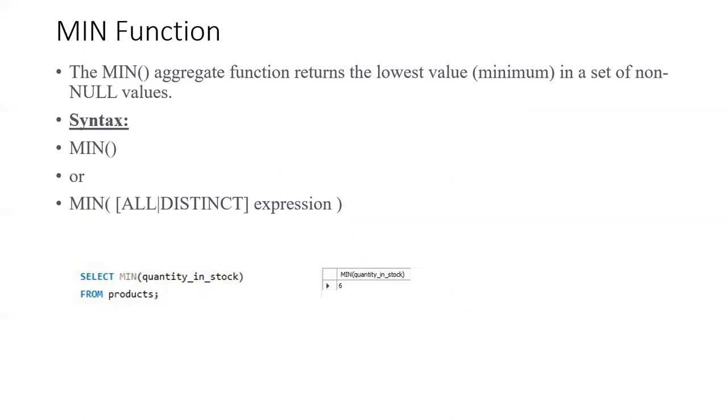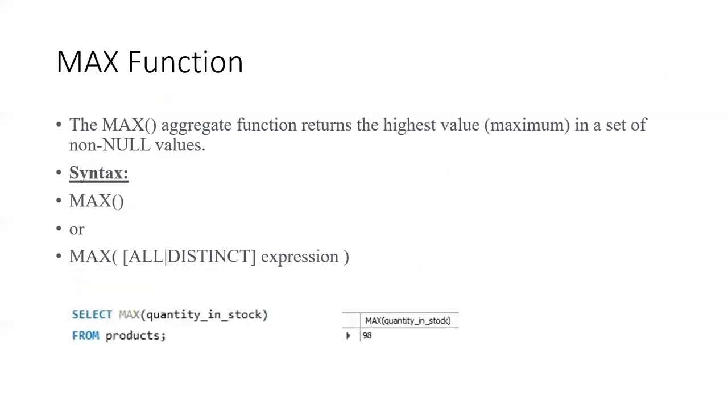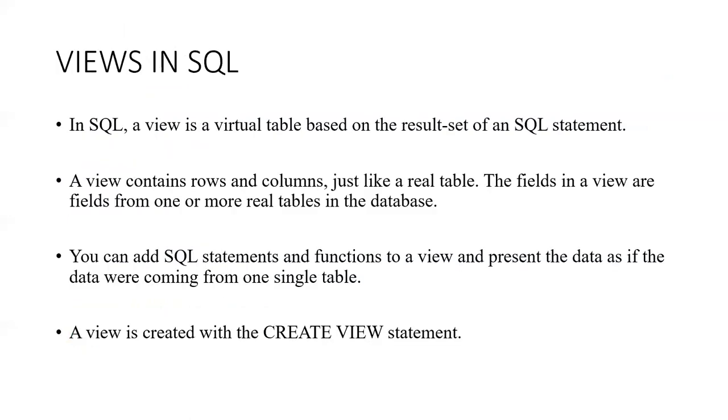So the syntax is min, or you give min of all distinct expressions. Next is the max function. The max function will return the maximum or the highest value in the set of all the values. So the syntax and the example is shown in the PPT.